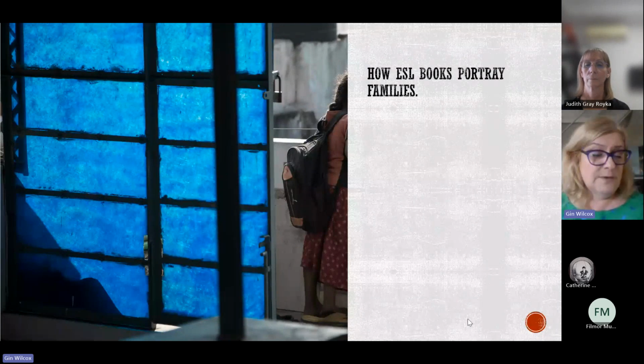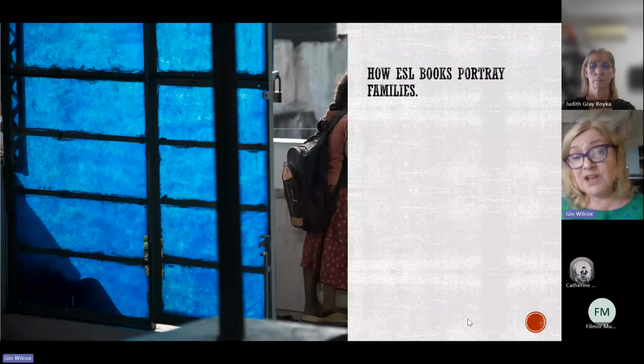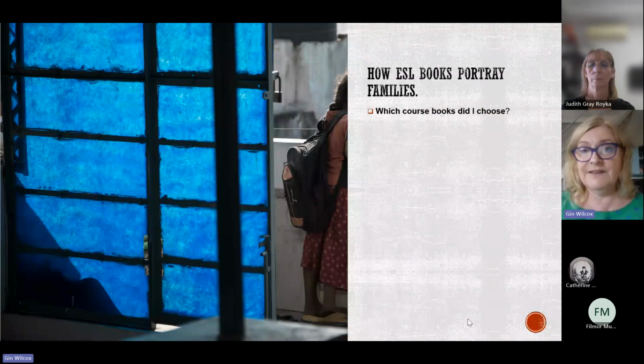A lot of books have already made changes. There are less sexist roles for women in the books. People of color often appear, and sometimes disabilities are shown. However, this is not true when it comes to the nuclear family.